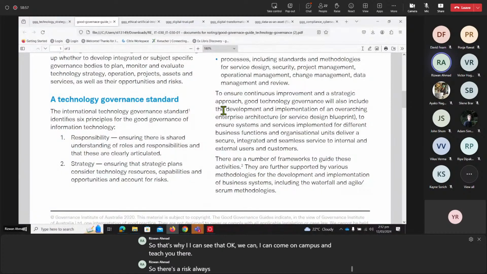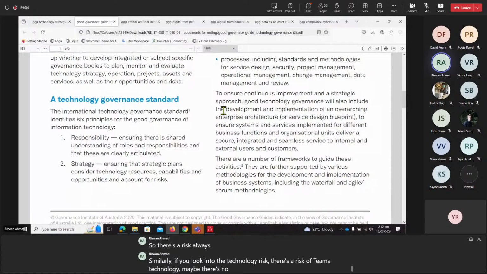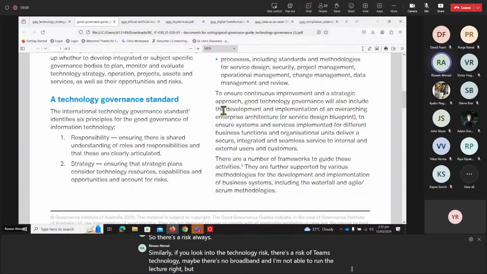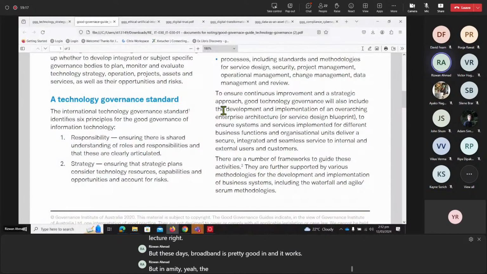Similarly, if you look into technology risk, there's a risk with Teams technology. Maybe there's no broadband and I'm not able to run the lecture. But these days broadband is pretty good and it works. But in Amity, the broadband is really bad, so there's a risk over there also.